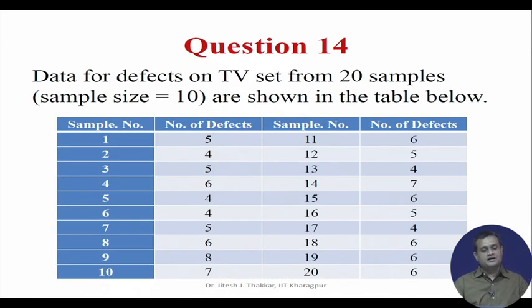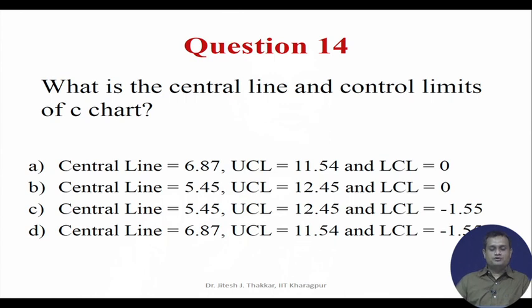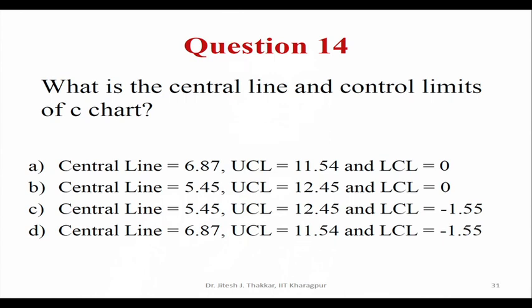Question 14. Data for defects on TV sets from 20 samples, sample size is 10, are shown in the table below. Sample number and number of defects are given. Each particular sample contains 10 readings. You can compute the central line and control limits.